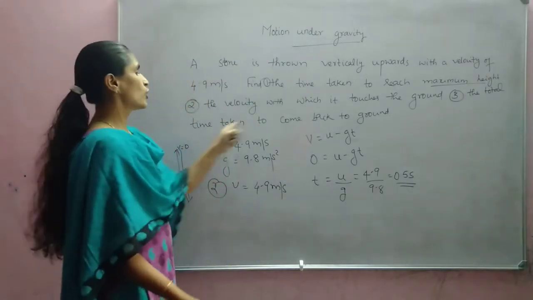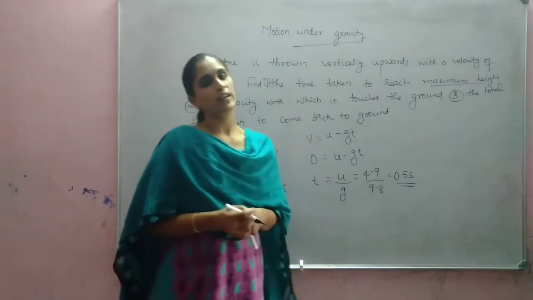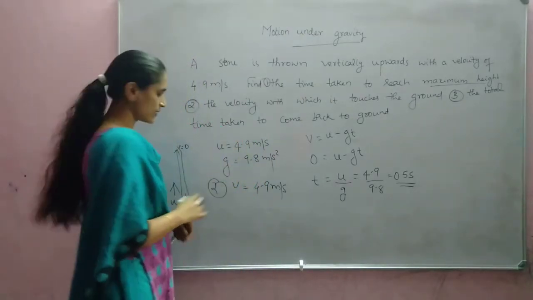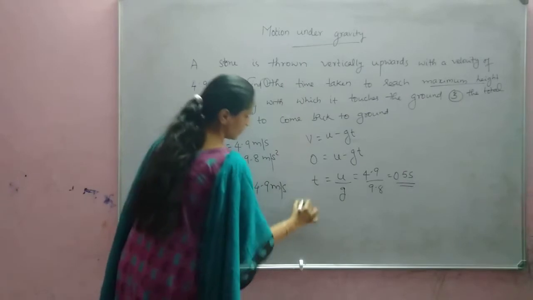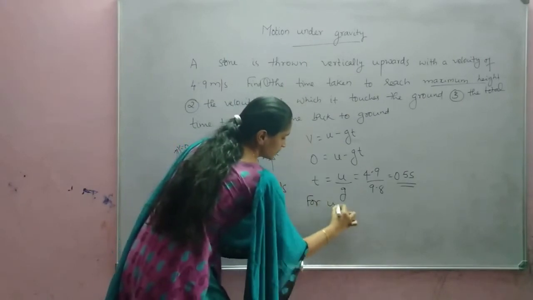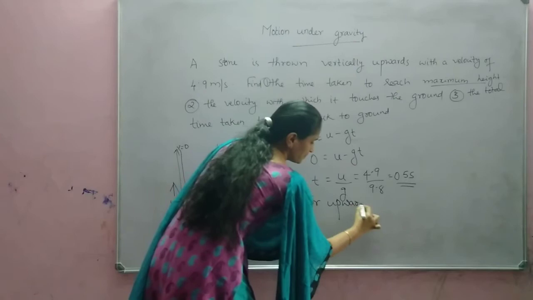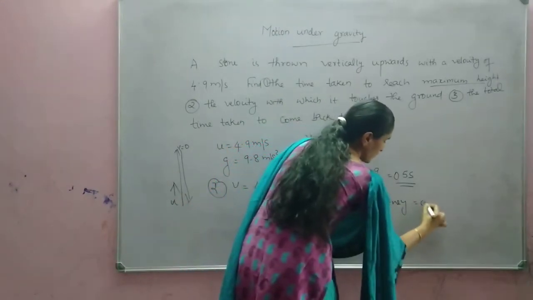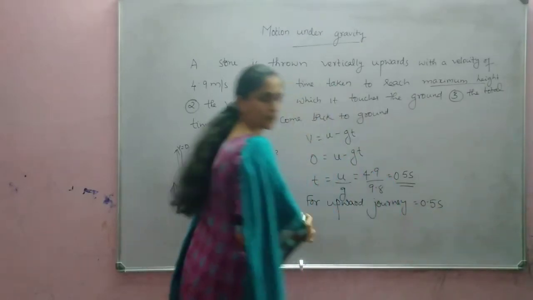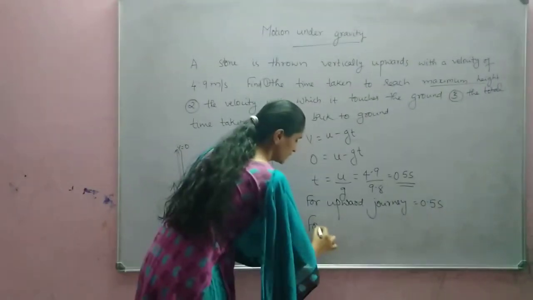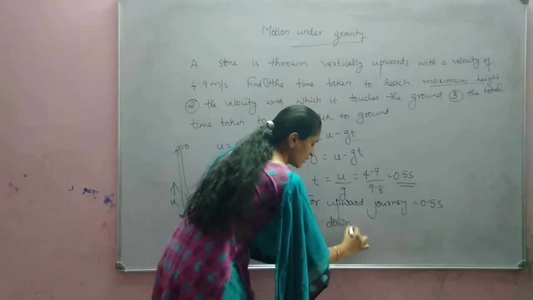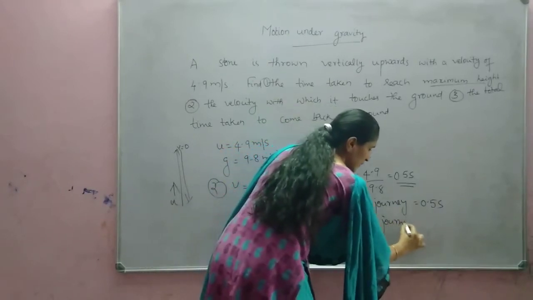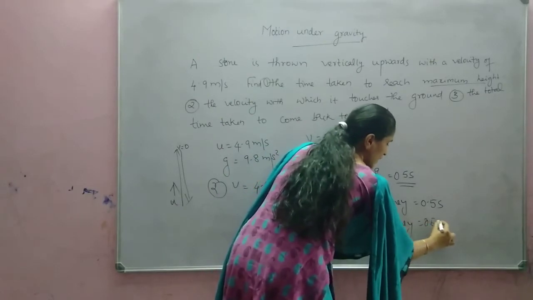And for the third part, the total time taken to reach back to the ground. The upward journey takes 0.5 seconds. For the downward journey, the same time is taken, 0.5 seconds.